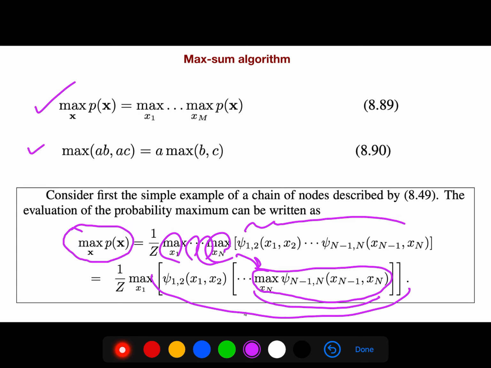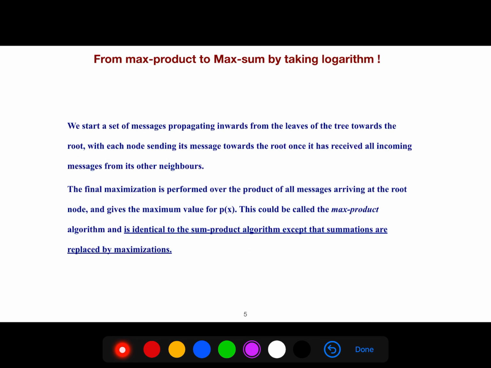The reason we do this is that we are looking for some kind of recursive structure so that we don't recompute everything, just like variable elimination, just like bucket elimination. We want to use the advantage of the hidden structure in that.